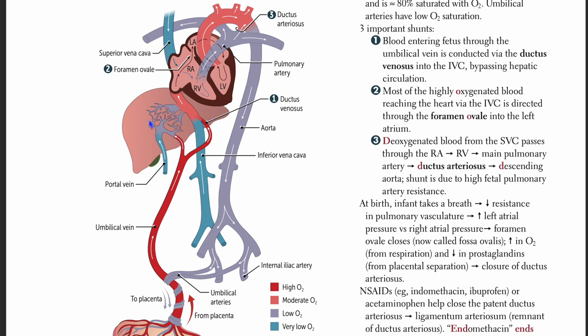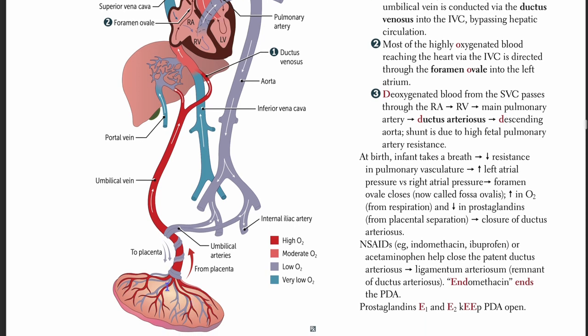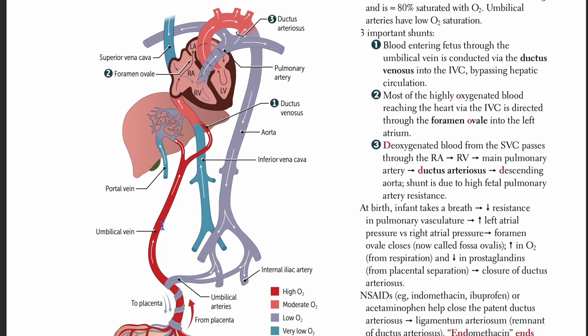So it bypasses the whole hepatic circulation. It starts from the placenta, comes in the umbilical vein, 80% saturated oxygen. Remember, it's flipped around. It's a vein, but it's still oxygenated blood. So it bypasses this, and how does it do it? Through the ductus venosus.